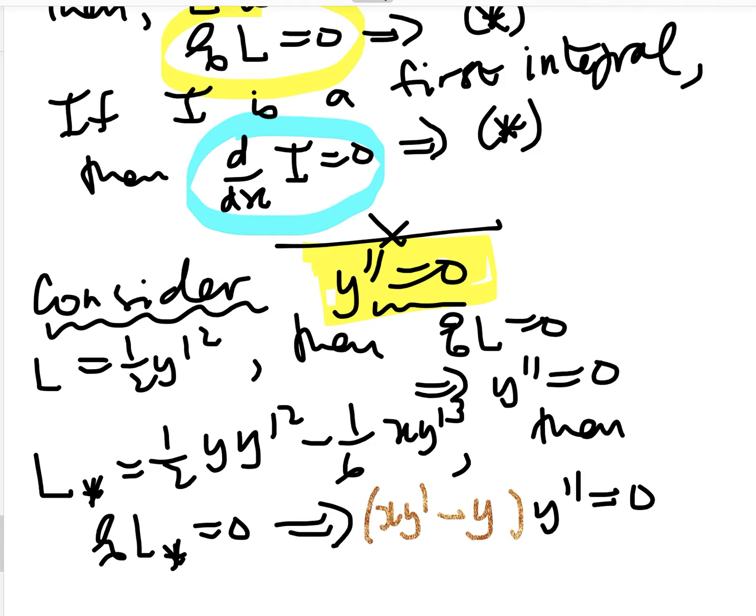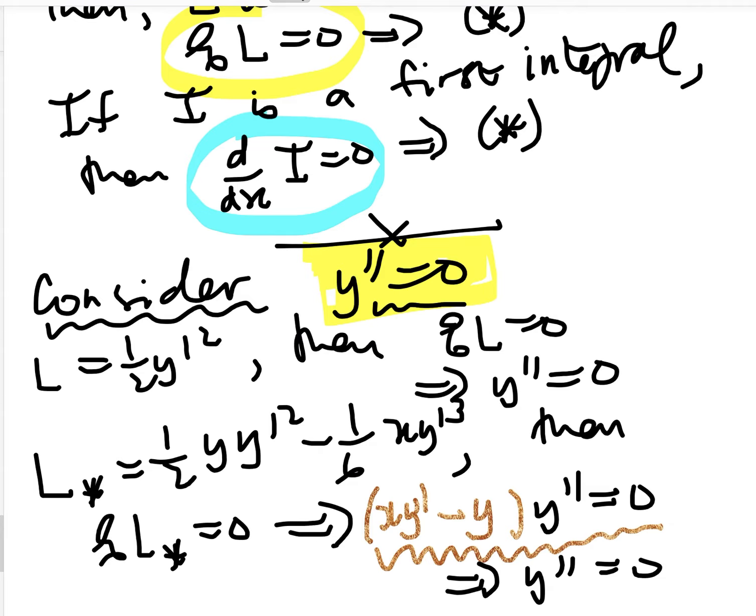If you turn back to your previous notes, you'll find that we showed that for this Lagrangian L star, we had EL equal to 0, from which we then implied that y double dashed equals 0, and concluded that L star is a second Lagrangian, and there are in fact many more Lagrangians.